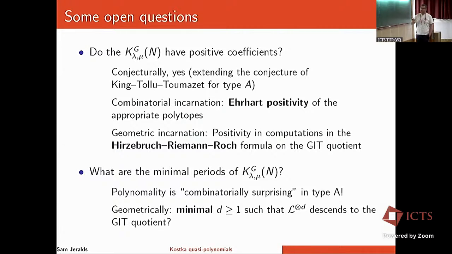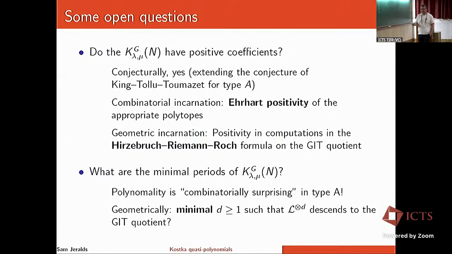But for other mu, we tried to work out very briefly what these descent conditions should be. We didn't make a lot of progress, and we moved on to other things after a couple of days, but I think that can be worked out: based on lambda and mu, what are the descent conditions? Those give you a potential minimal period, and I think the geometry is very much suggesting that those should probably be the minimal periods.